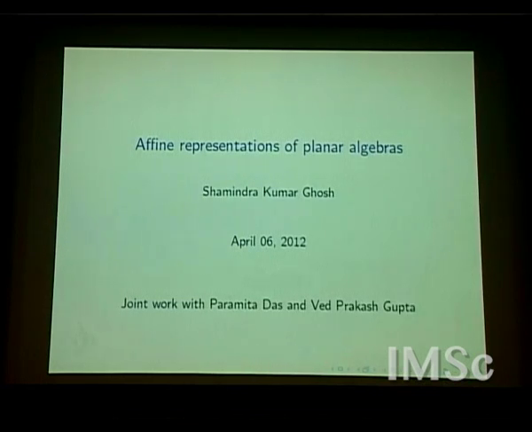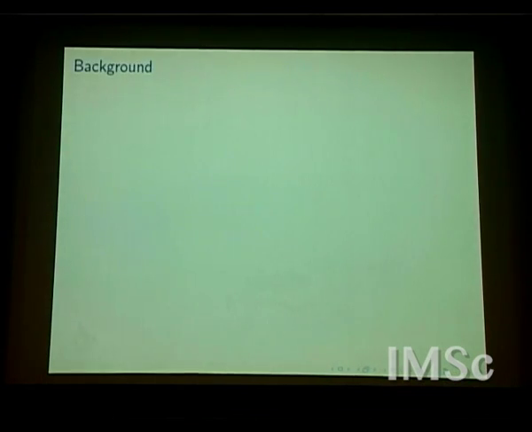So let me give you the brief background. It's quite technical to describe what a planar algebra is, what affine representations of planar algebras are. But if you treat planar algebras and representations as black boxes, this is what we have done so far. Subfactors is the main thing from which planar algebras came.